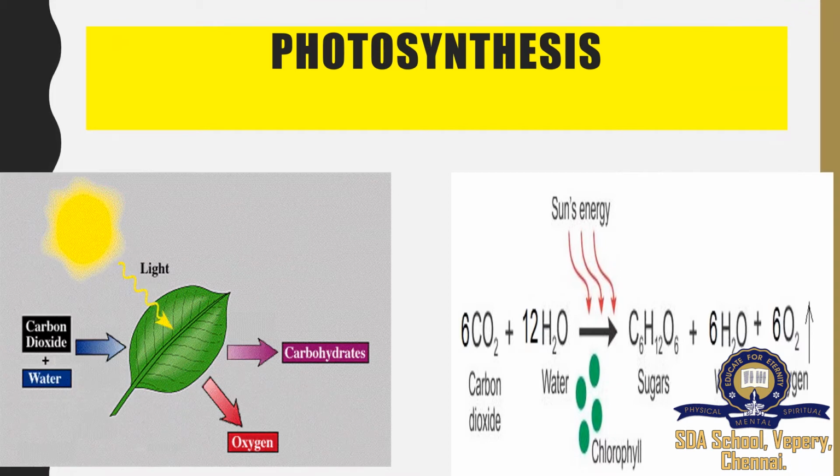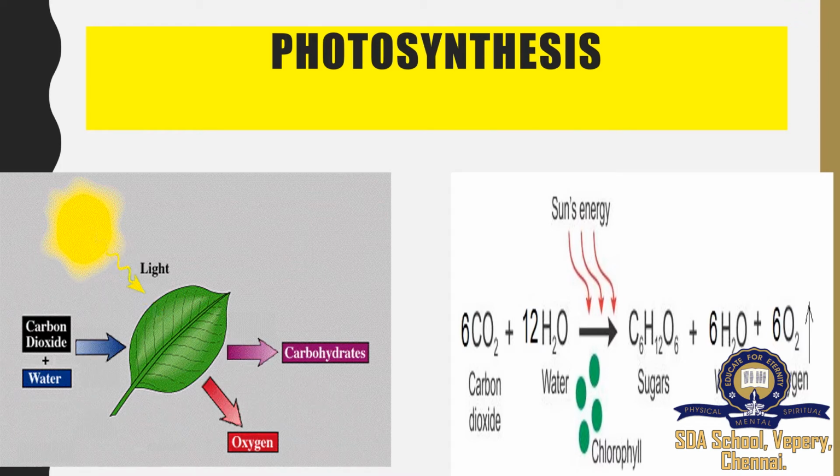Our next reaction is photosynthesis. You know very well, in the presence of sunlight, the leaves, which have chlorophyll, take carbon dioxide and water, forming food, and then give out oxygen also. So for this reaction we have an equation. 6 molecules of carbon dioxide react with 12 molecules of water in the presence of the sun's energy, that is heat absorbed from the sun.